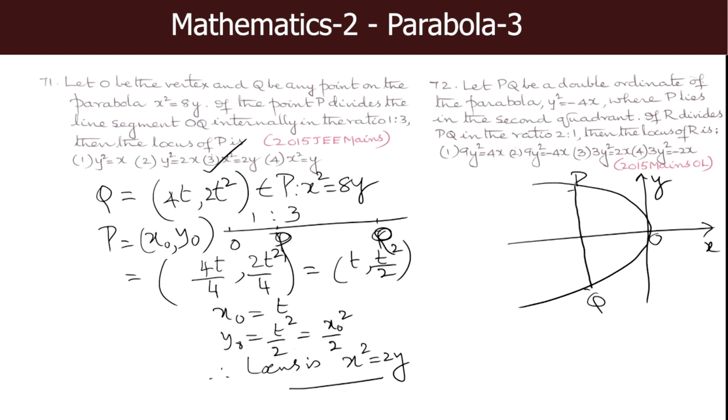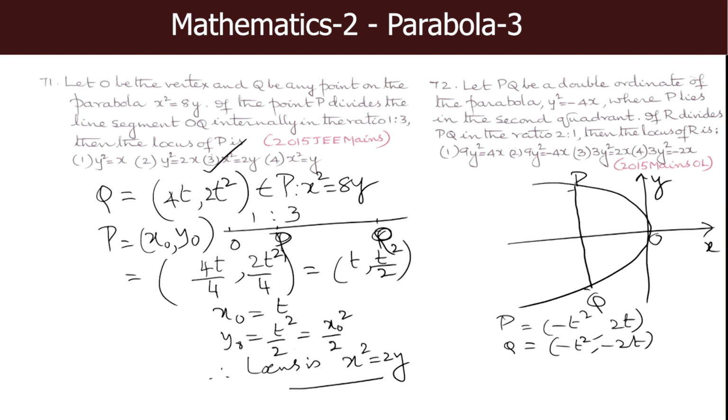Well, a point on the parabola y square equal to minus 4x is, here the x coordinate is negative, (minus t square, 2t). X coordinate negative and y coordinate positive, so P lies in the second quadrant. Q, the double ordinate, is (minus t square, minus 2t).